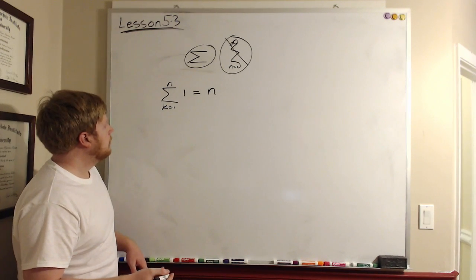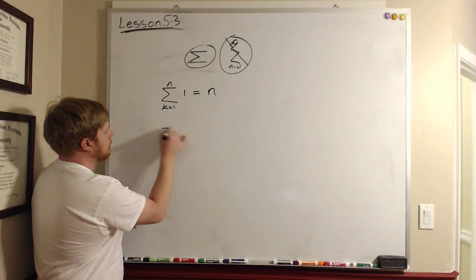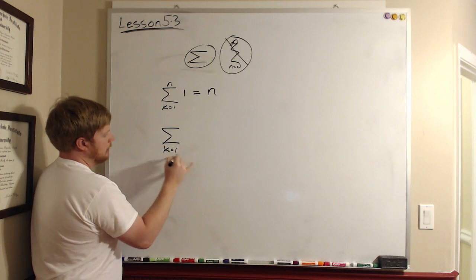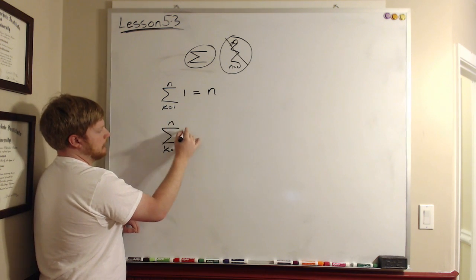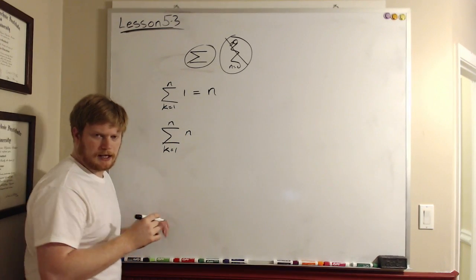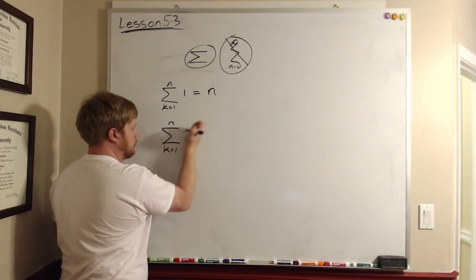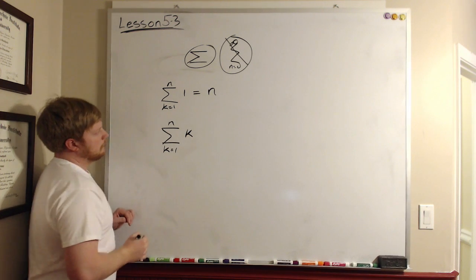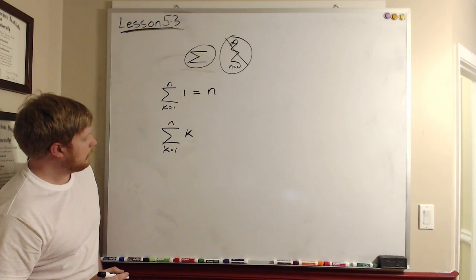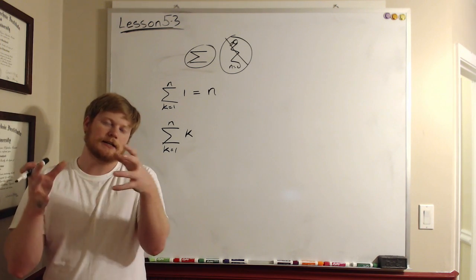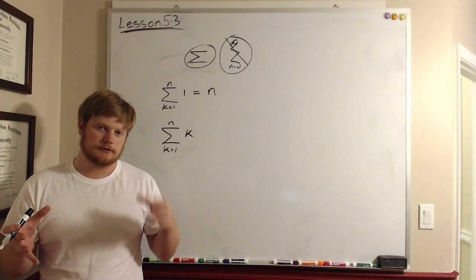Okay? Now the next one actually has a story that goes along with it. It's the sum as k equals 1 goes to n of k. That's the sum of n consecutive integers.